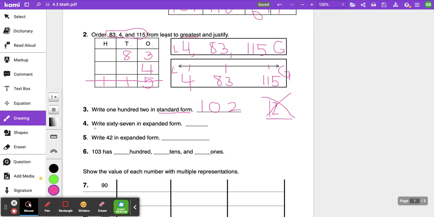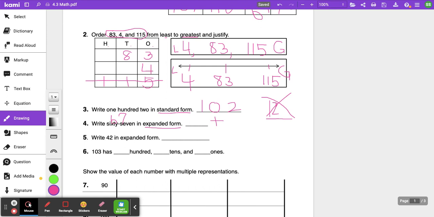Okay. The next number we have is write 67, but this time in expanded form. Expanded form uses a plus sign, and we say the value of each digit. So this would be the number 67. And here for the expanded form, I need to say, what is the value of that 6?